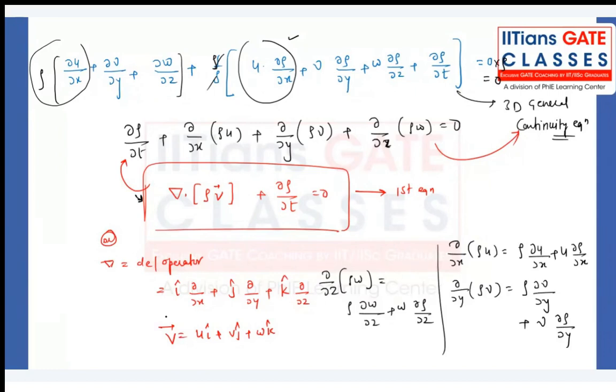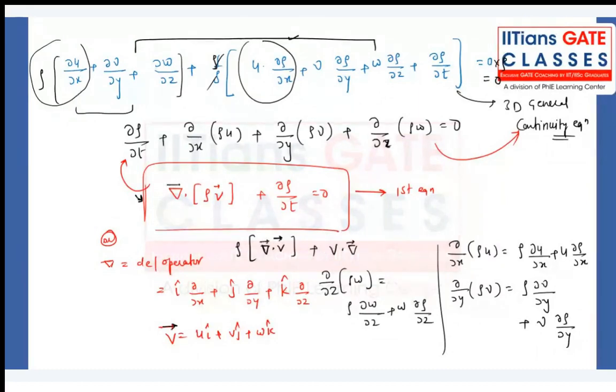On the basis of whatever you have written earlier, we can write rho del dot v, because del dot v when you do, you will get this term, plus v dot del into rho plus dou rho by dou t, that is equal to 0, right?